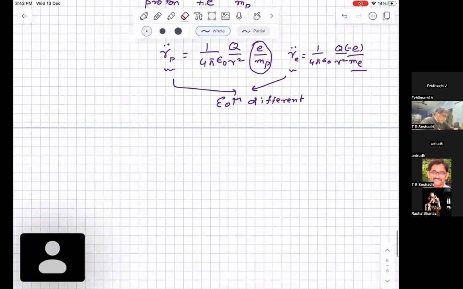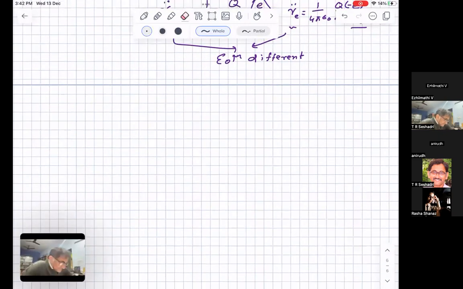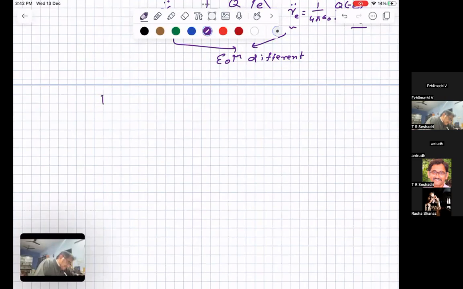Now, because of this, there are some very interesting consequences. Okay, so let me say, a person in a lift. Now, what I do is, I do the following experiment.